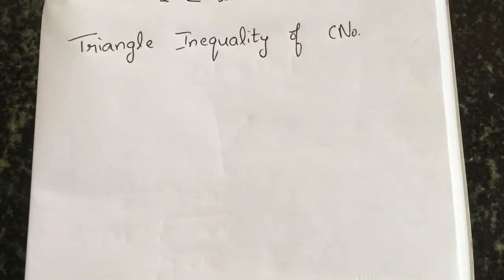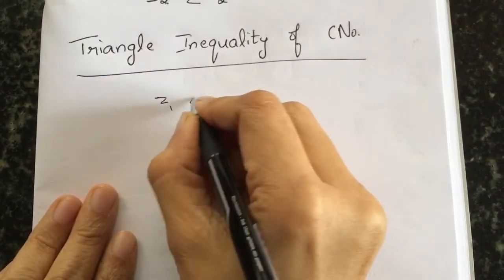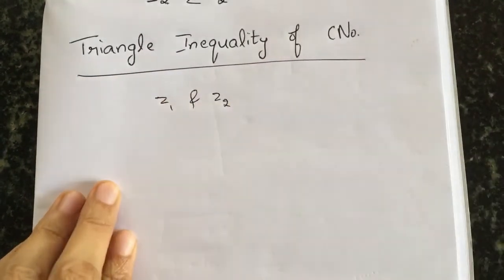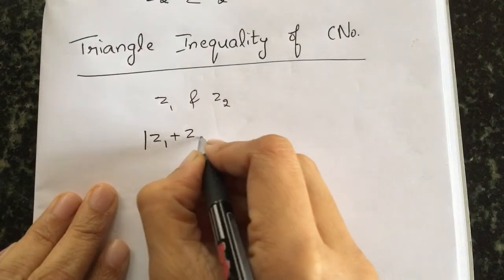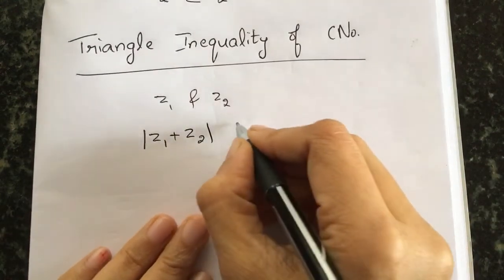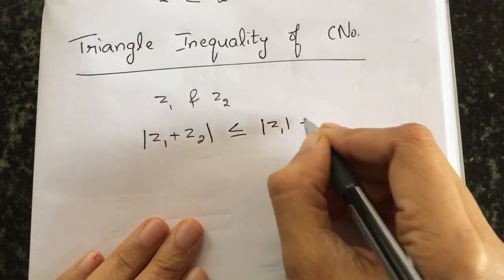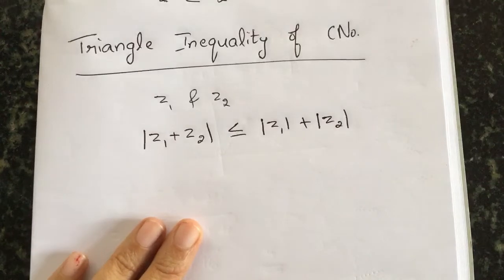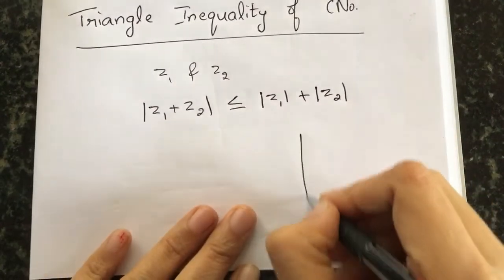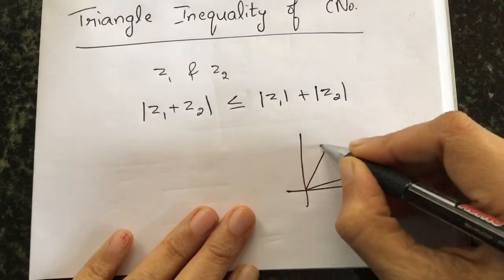When I have two complex numbers, z1 and z2, the upper bound for the modulus of z1 plus z2 is always mod z1 plus mod z2. We can observe that, see, this is z1 and this is z2.